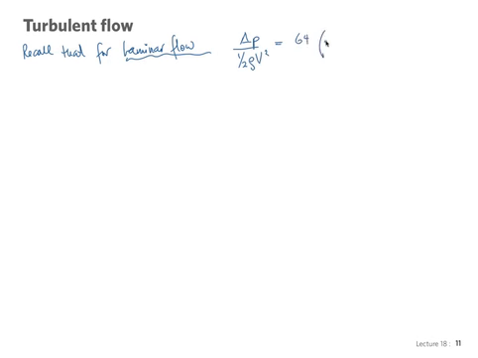So recall that we found for laminar flow that in a pipe delta P over 1/2 rho v squared is equal to 64, and we had mu over rho v average d, times L over d.